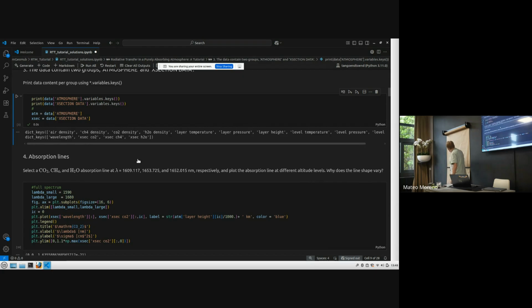So something like an absorption line is the cross-section. This is a typical absorption line around the central wavelength. This is the one for CO2, that's for methane, that's for water vapor. And then plot the absorption line for different altitudes.